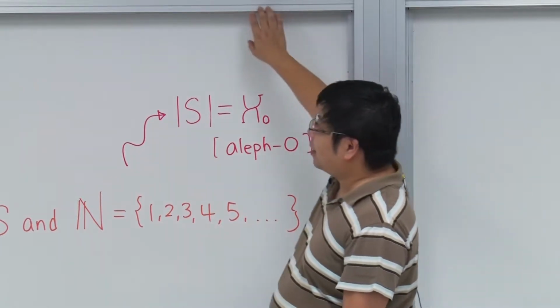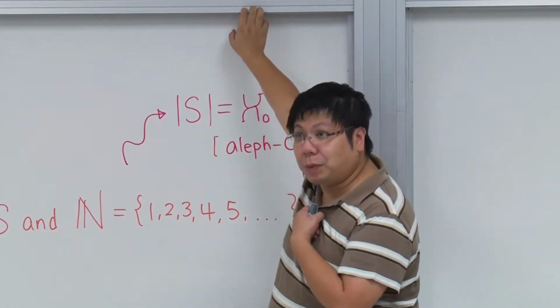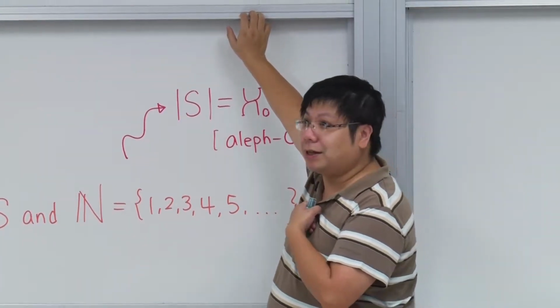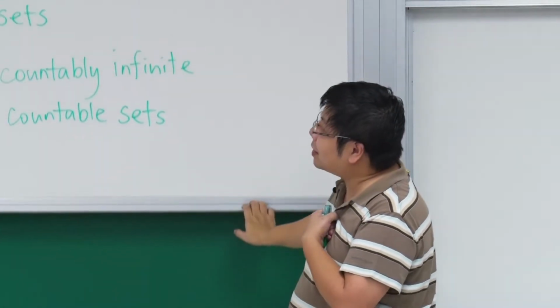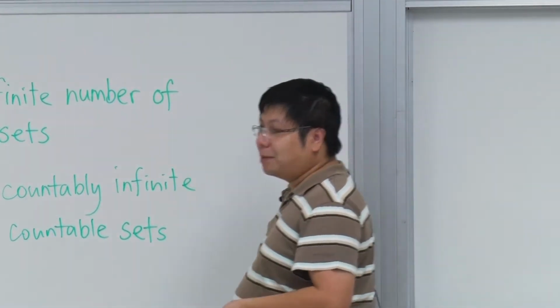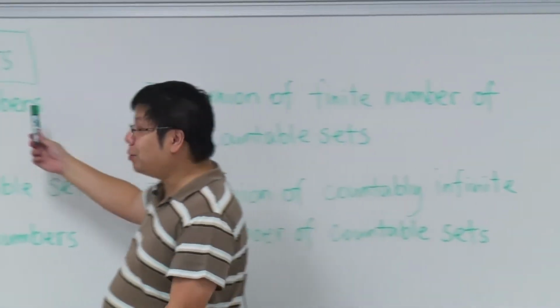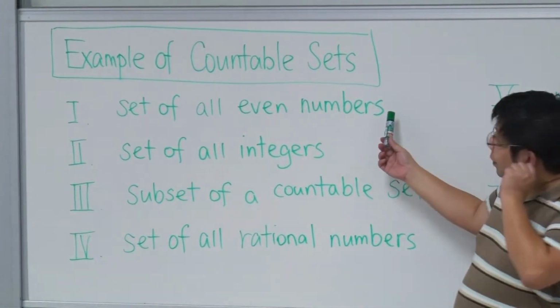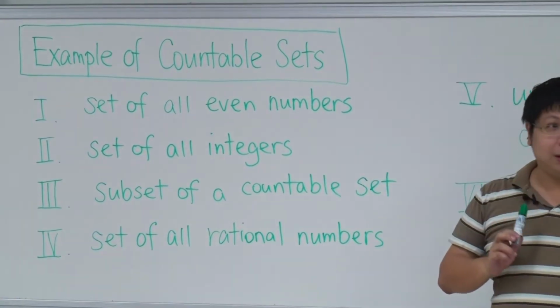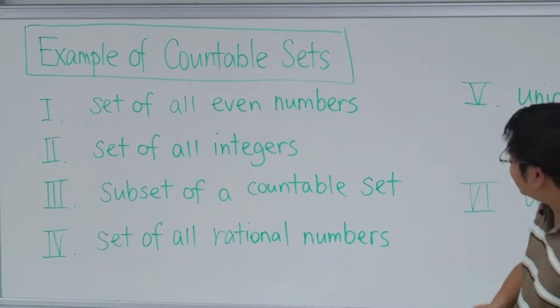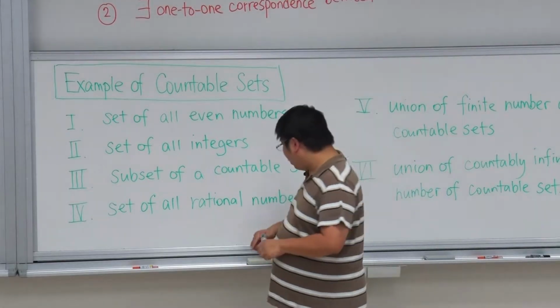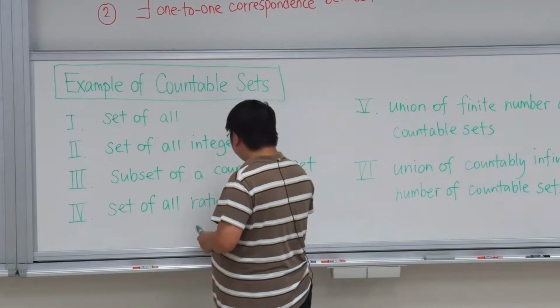So this is the basic infinity that we have. Now, we have defined what a countable set is, right? So let us take a look at some examples. These are some examples that I can come up with, and then we can show that they are correct. First of all, this is the set of all even numbers. Let's make it simpler: all positive even numbers.